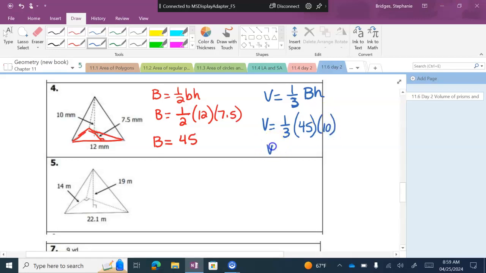And then you can go to your calculator, do your 1/3 times 45 times 10, or you can do 45 times 10 and divide that by 3. Yesterday we did prisms instead of pyramids, so the formula was very similar, just didn't have 1/3 in it. Good. Volume is 150.